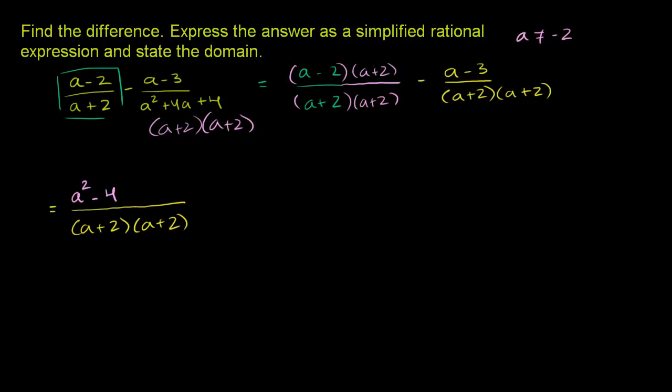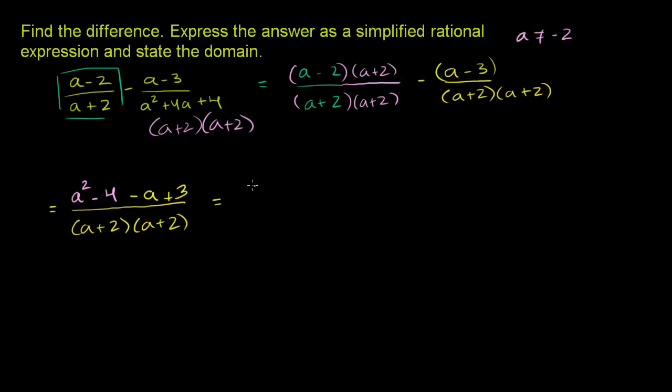And then you have this: minus a minus 3. So let's be very careful here. You're subtracting a minus 3, so you want to distribute the negative sign, or multiply both of these terms times negative 1. So you could put a minus a here, and then negative 3 is plus 3. So what does this simplify to?